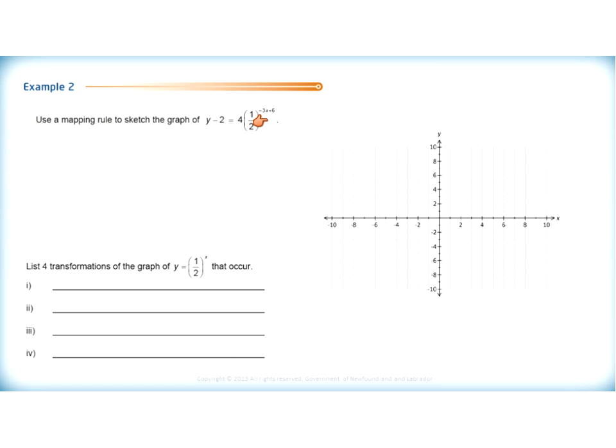Use a mapping rule to sketch the graph of this function. Okay, the first thing I'm going to do is rewrite the function so that it's solved for y. So it's going to be y equals 4 times 1/2. Now, notice the exponent is negative 3x plus 6. It is critical that we rewrite that exponent by removing a common factor of negative 3.